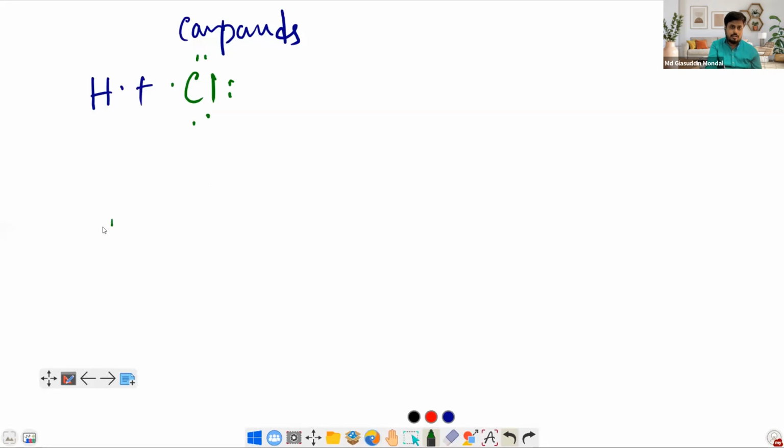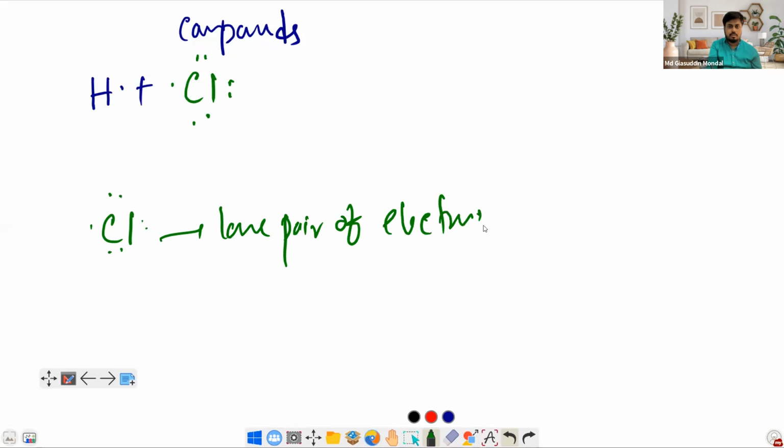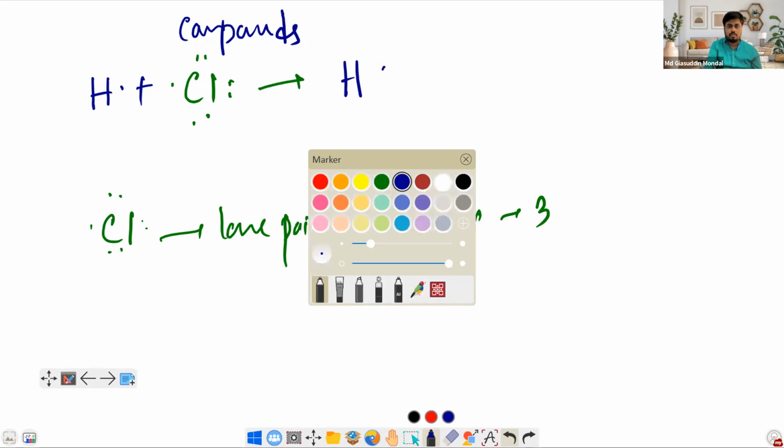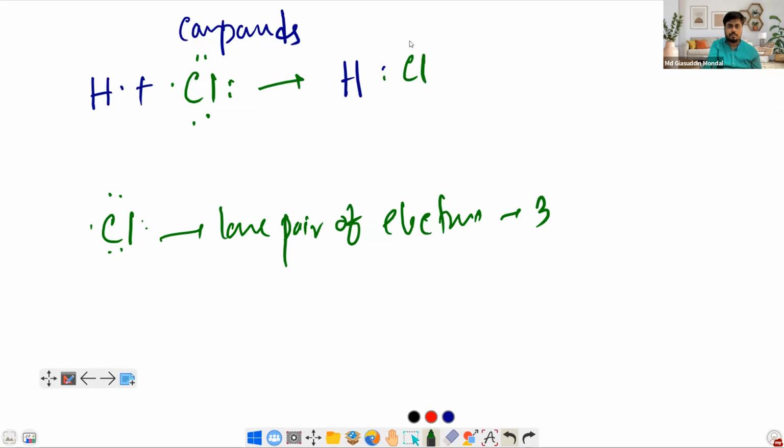Now in Cl, how many lone pairs of electrons are here? 4. No, three, sorry. Cl 3, sir. 3. So now in HCl, what is happening? Let us go through. So H and 1 electron of Cl are forming sharing of electrons in this manner.